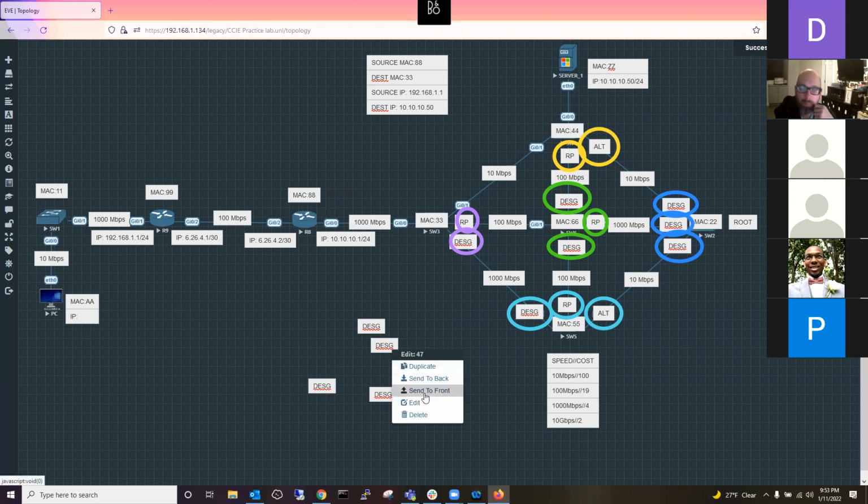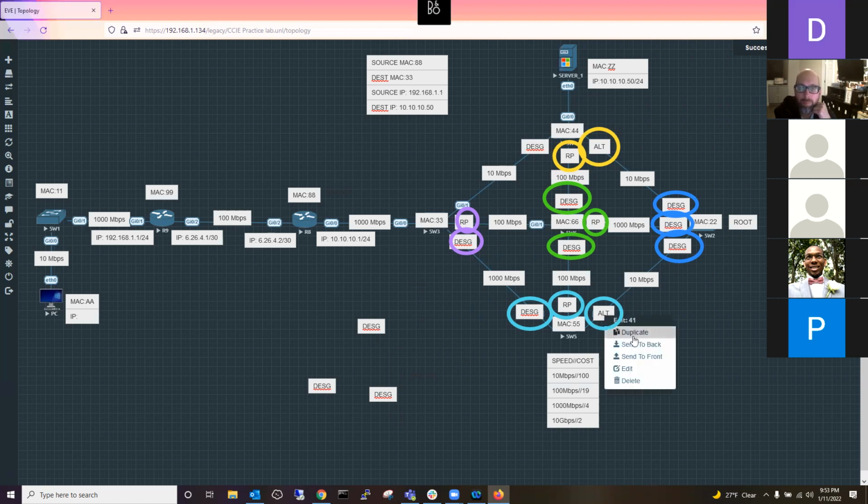From there, we're going to span out, and we know that that root bridge is going to have designated ports on all its active ports. So we know that out the gate.